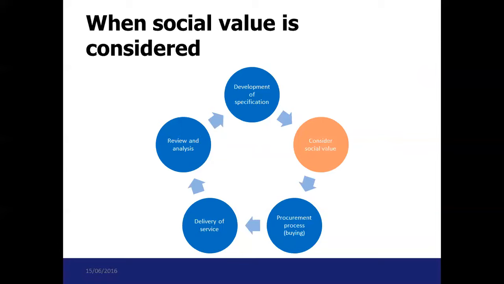So it's before that document has come out, and then the service gets delivered. There's a review and an analysis which then should affect the specification further being developed. So they only have to consider social value. It doesn't mean that they have to actually do anything about it, which is a negative thing within the legislation.